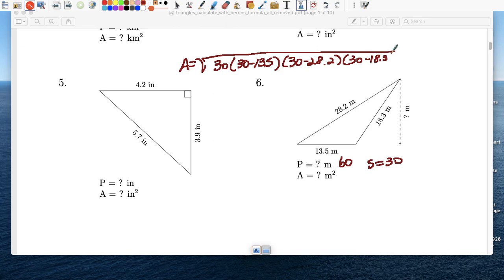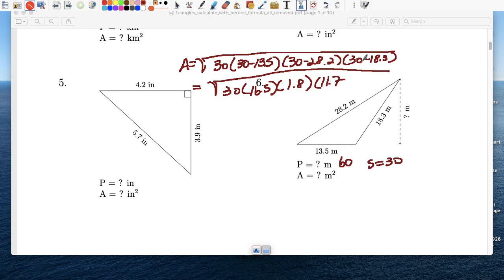I think this is the worst part, doing that. So 30 times, what is this, 16.5, 30 times 1.8, and then 30 times 11.7, sorry.